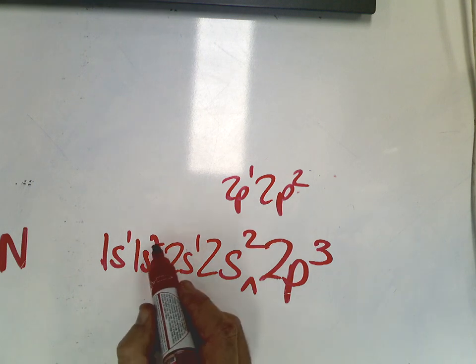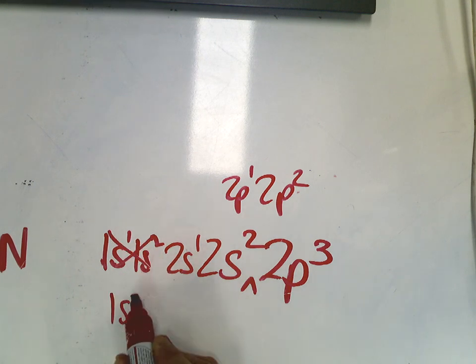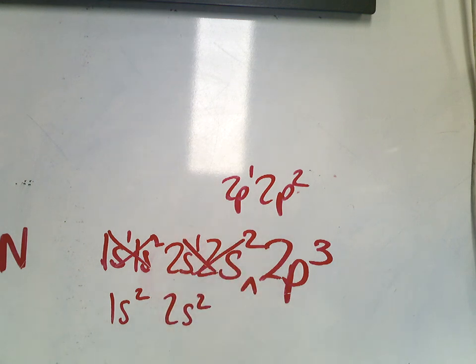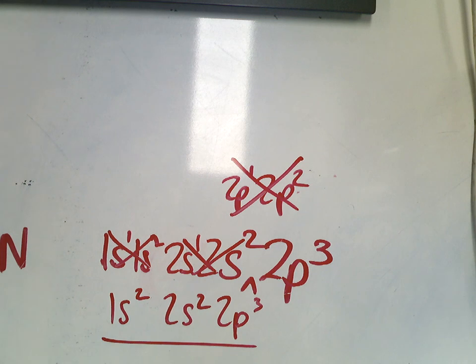So we cross this out and write 1s2, knowing that anybody who looks at this understands that I've filled up those first two in that S shell. And this 2s2 works the same way. If you've got to 2p3, you must have filled in 2p1 and 2p2. And so to a certain extent, I would just write it like that.